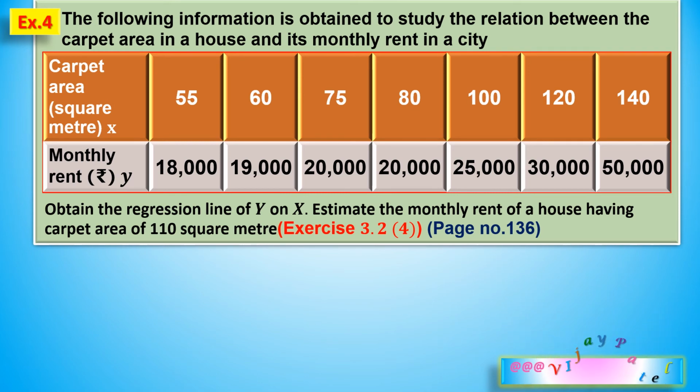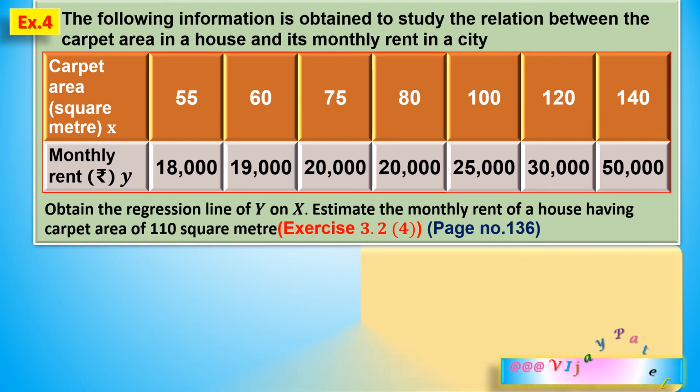Exercise number 3.2, example number 4, page number 136. See here, all the values of variable x are multiples of 5 and all the values of variable y are multiples of 1000. So we can define new variables u and v by change of origin and scale.